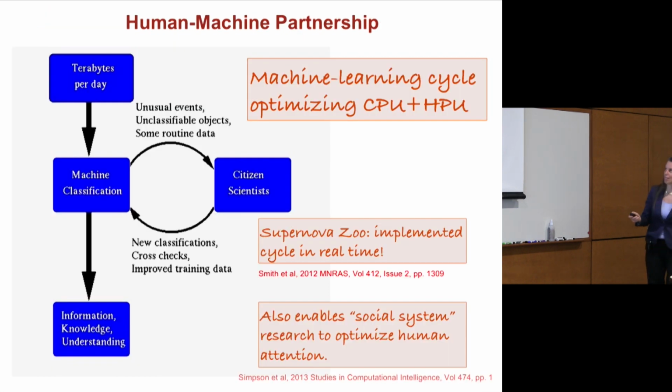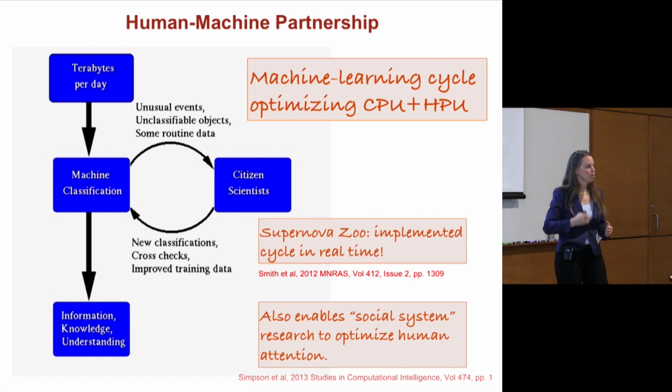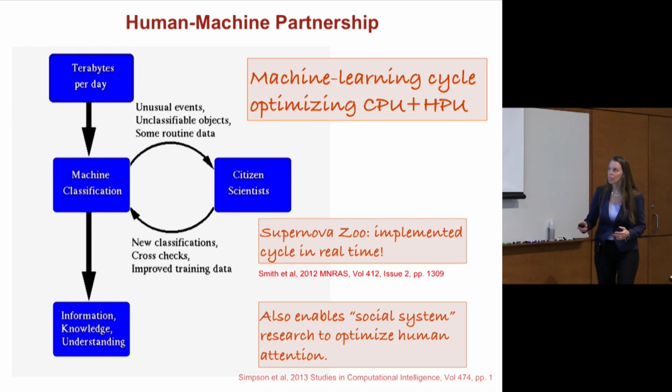So this is the human-machine partnership we like to talk about. We have the data deluge coming in. The ever-improving machine classification routines are going to get through 80% or so of that data. All the stuff that the machine algorithms can't do, they're going to pass off to the citizen scientists. The citizen scientists are going to do the classifications. Those classifications form the training set for the next round of improvements on the machine algorithms.